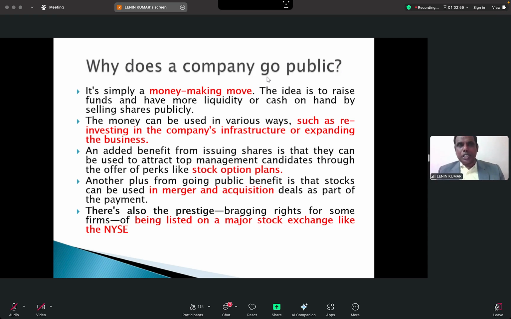Sometimes organizations may require money. Again, it is not possible for them to generate it from their family members. So they are calling the public to come and invest. That concept is IPO. Just now I explained to you. So whenever a company is going for IPO, there will be some need for cash. Please don't forget it.